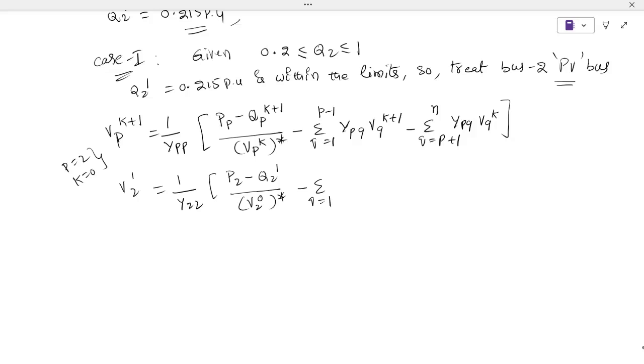P is equal to 2 here, so p minus 1 is 2 minus 1, that is 1.